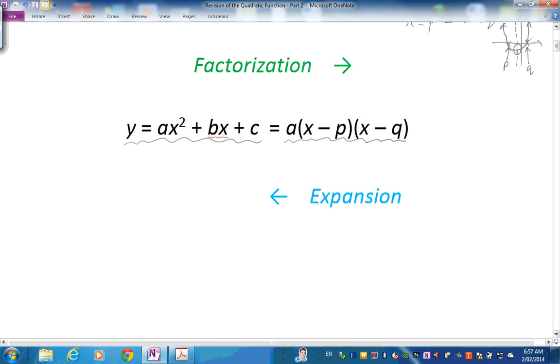And the other way, the other idea, is going as an expansion from this side back to this side here. I think that's easier to do, isn't it, to expand the brackets. Factorization is the reverse, so these are actually reverse processes, and that's what this presentation is about, making sure you can get these two forms from each other.